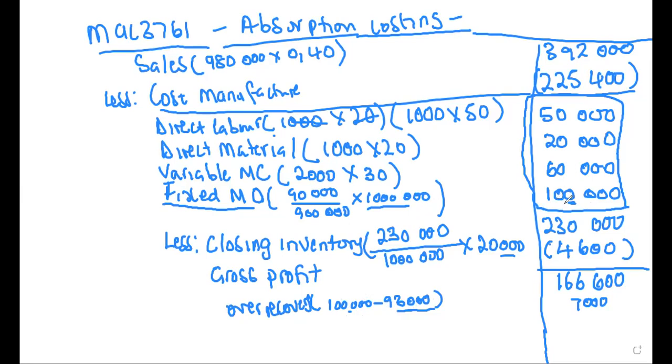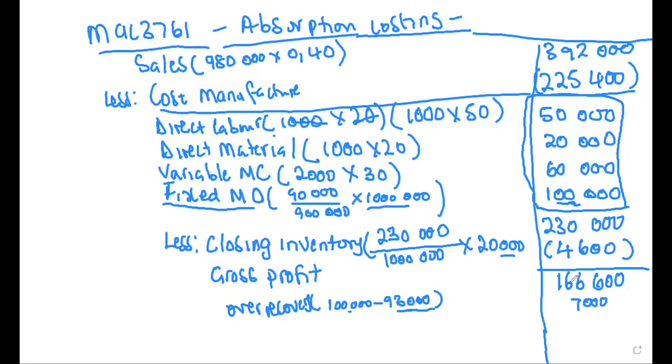If you use a higher figure here, the higher figure in absorption is going to increase the cost of manufacture, and if the cost of manufacturing is increased, it's going to reduce your profit. If your profit is reduced because of this over absorption, then to correct that you reverse it. It was reduced here, so you are now going to add it back.